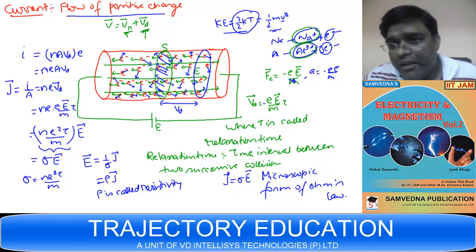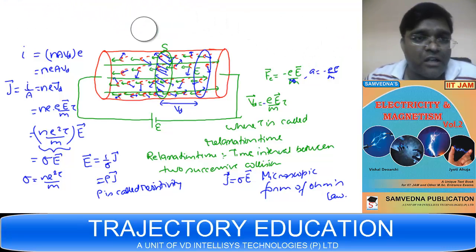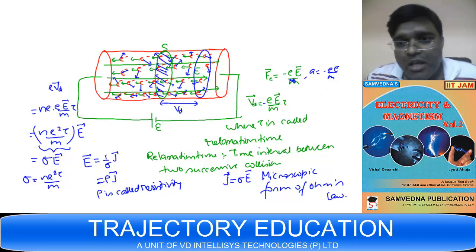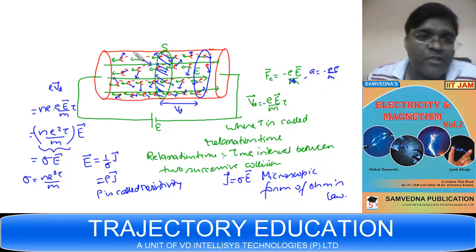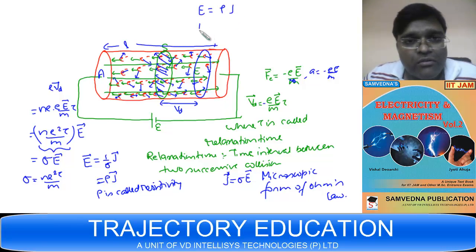You can get the famous expression V equals IR for a cylindrical conductor. See, if this cylindrical conductor has cross section area A and length L, you have the similar expression E equals rho J. If I multiply by L, this is rho L, and when I take A downward, J A. Now what is EL?